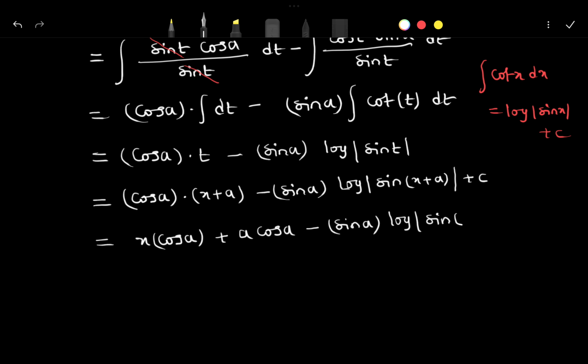All of you observe this one here: a into cos a is purely a constant. Here c is also a constant. The sum of the two constants will also be nothing but a constant.